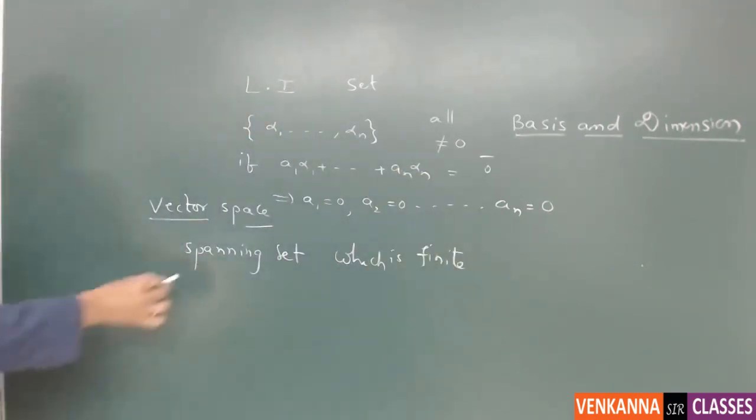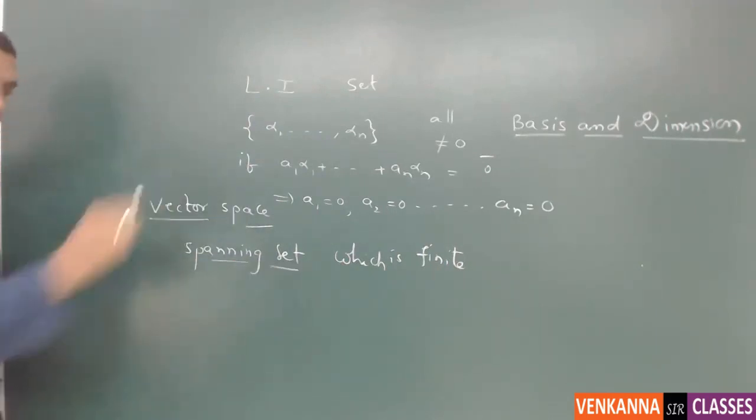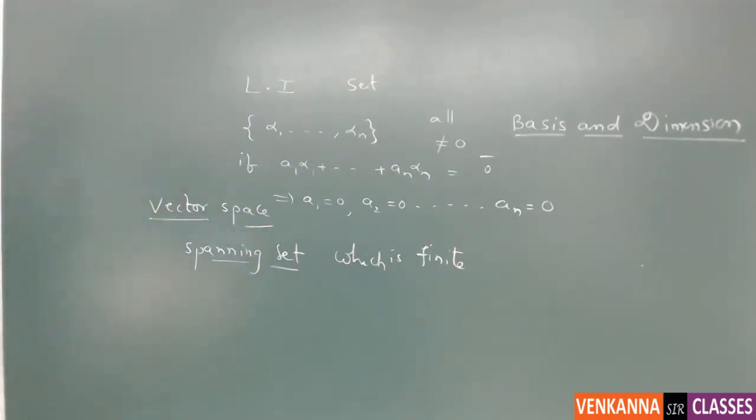So what is meant by a spanning set? Whatever vector or element you consider in the vector space can be represented as a linear combination of elements of this set.